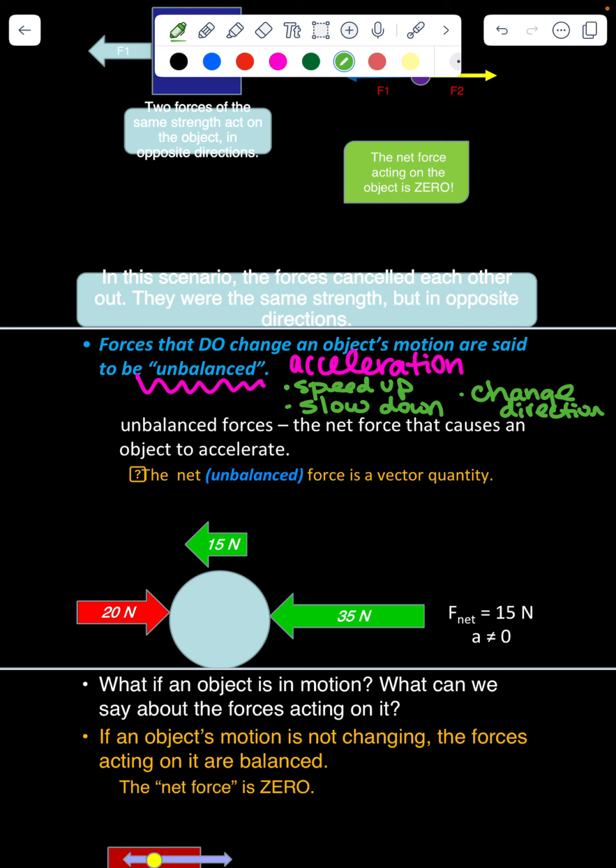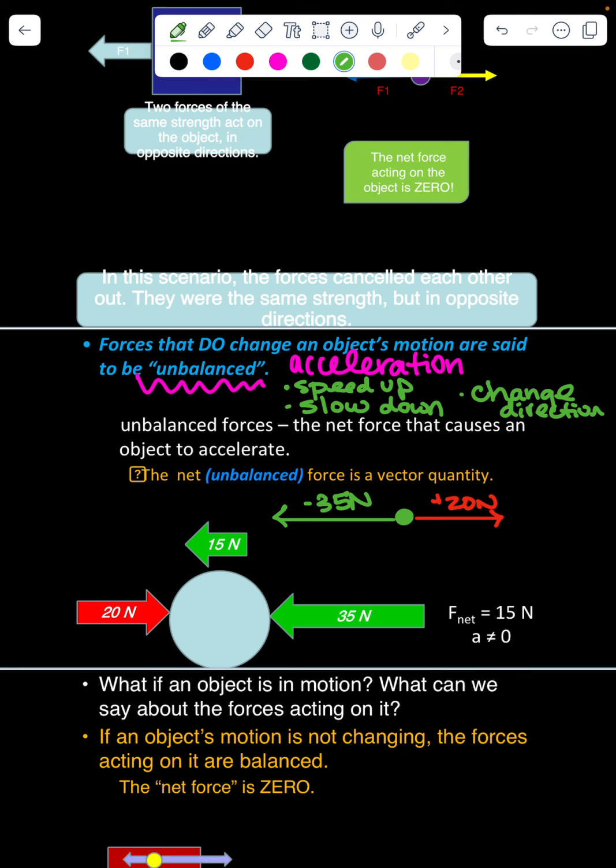All right, so let's look at this free body diagram again. Again, we're going to redraw this because we do not like the arrows going toward the object. They go out of the object. So our red force is a rightward or a positive 20 Newton force, while our green force is a leftward, so negative 35 Newton force.